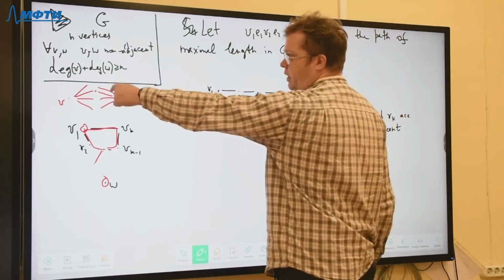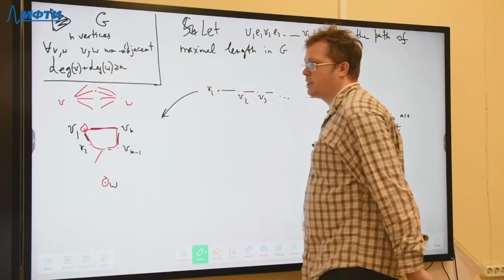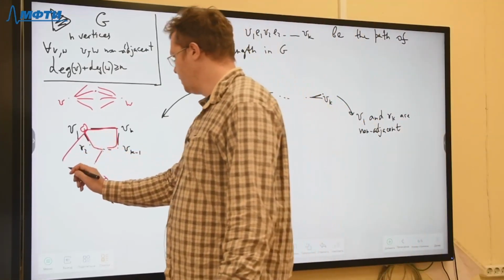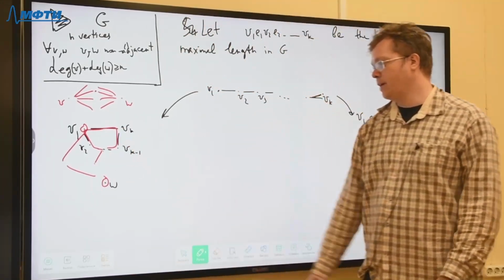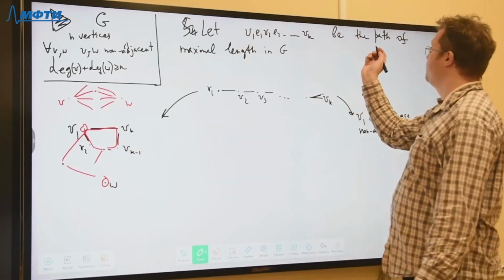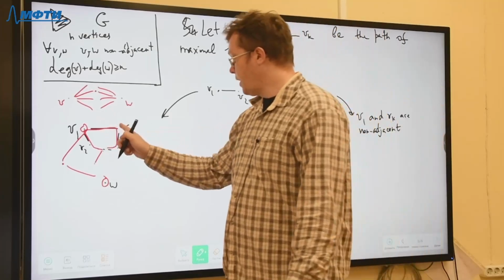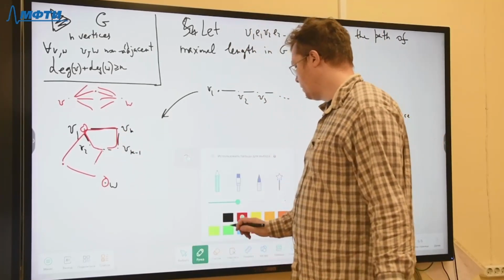Here we have n minus 2 vertices, and so for each omega non-adjacent to V1 we have a common vertex, which contradicts the path being of maximal length. So if V1 and Vk are connected, then we already found the Hamiltonian cycle.